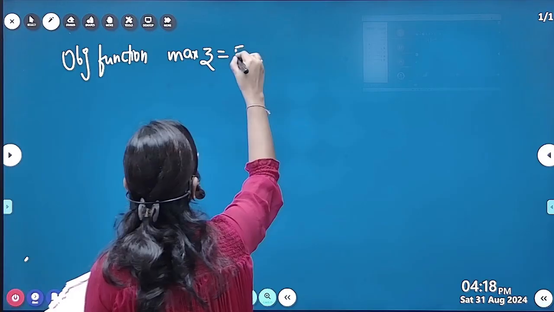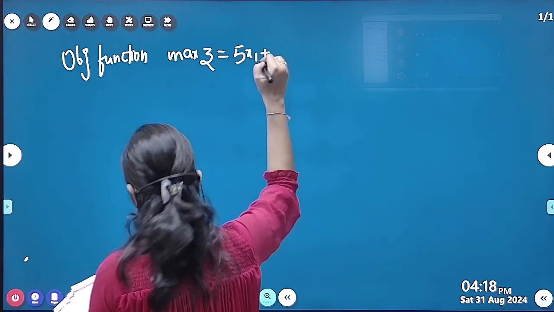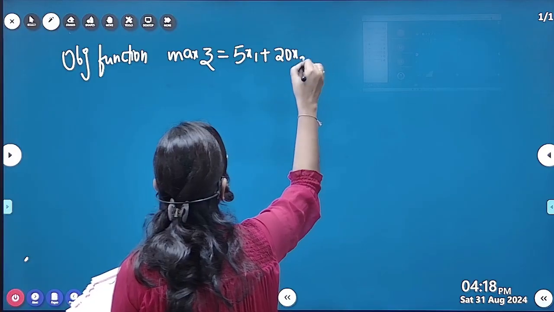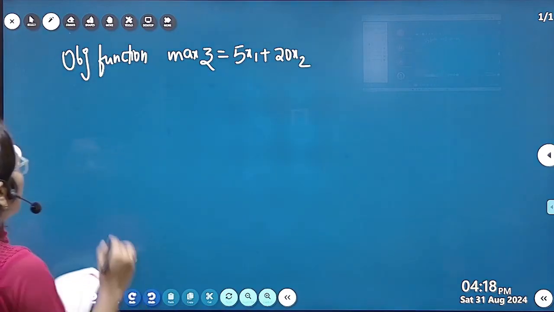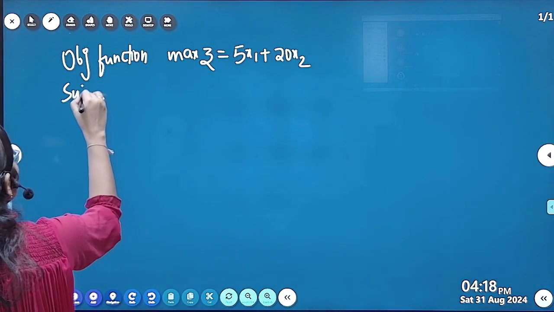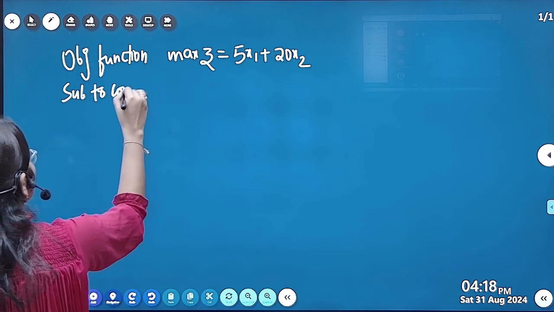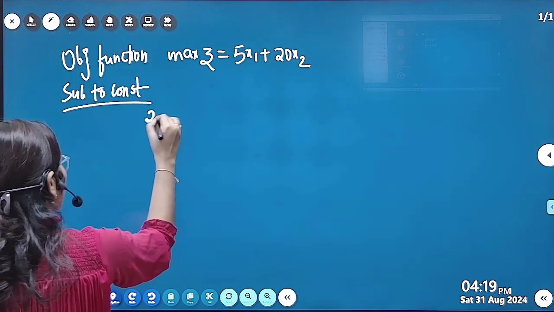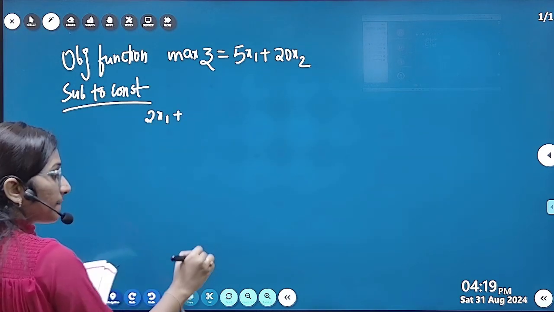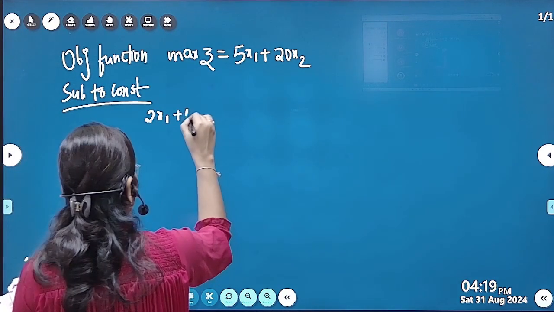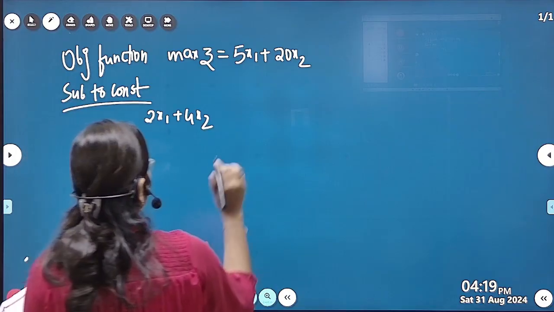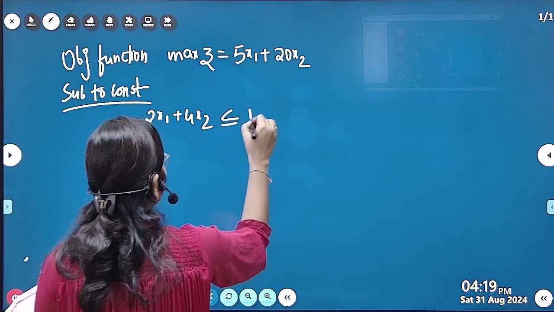So 5x1 plus 20x2. Next, subject to constraints: 2x1 plus 4x2 is less than or equal to 10.